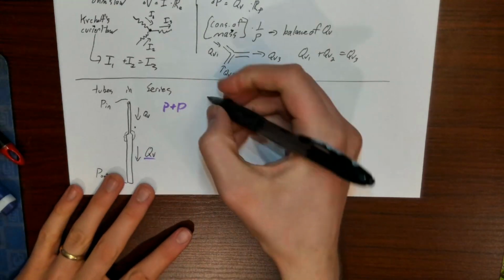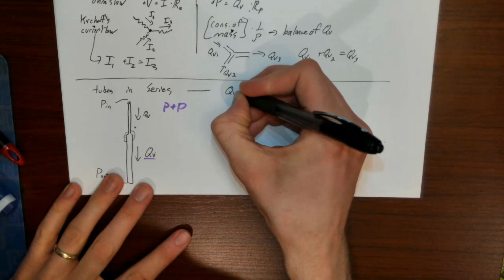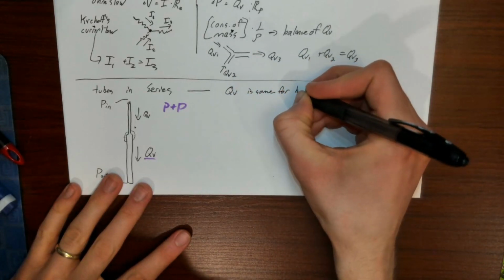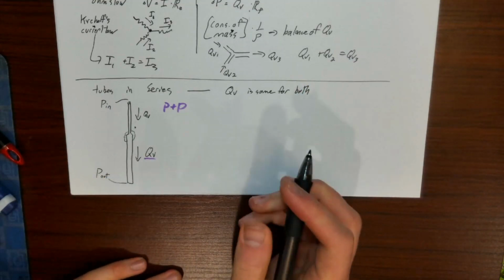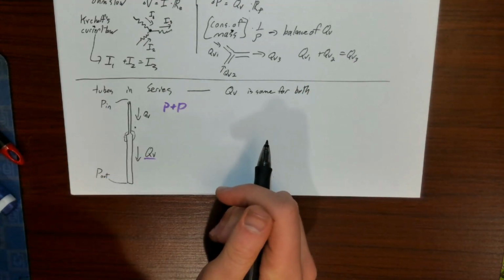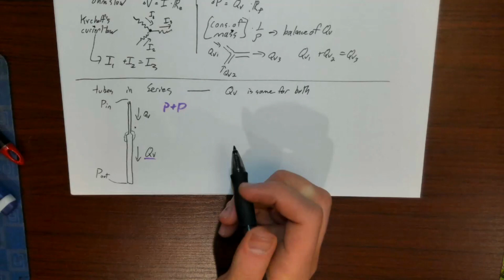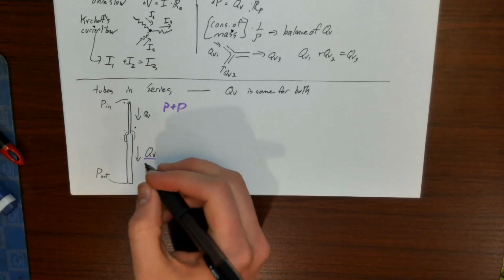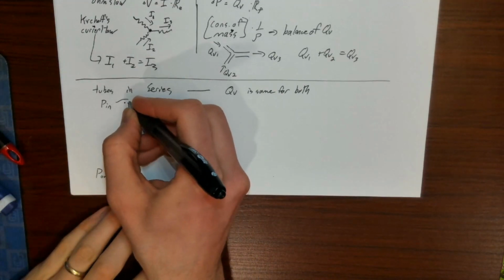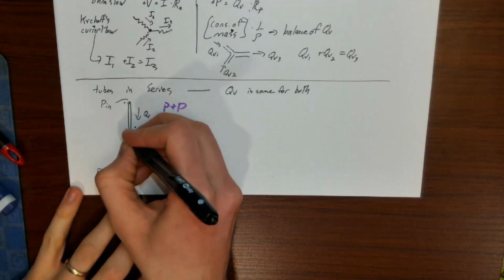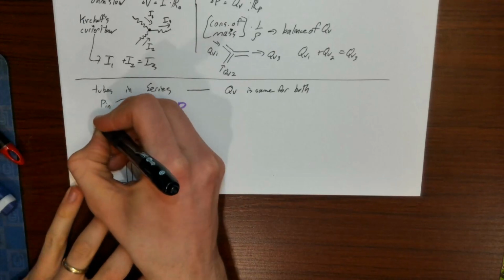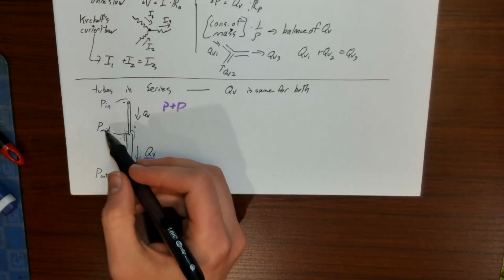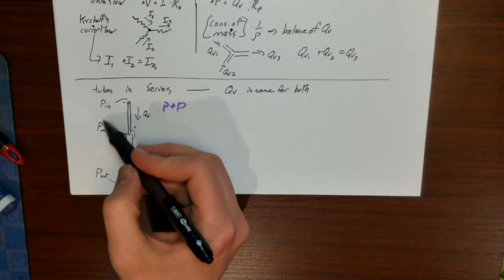So for this idea of tubes in series, we can say the Q, the volumetric flow rate, is the same for both, but the pressure drop across one might be different from the pressure drop across the other. We might have some pressure at the inlet and some pressure at the outlet. There's going to be some pressure at the middle point that isn't necessarily half here and half here, right?